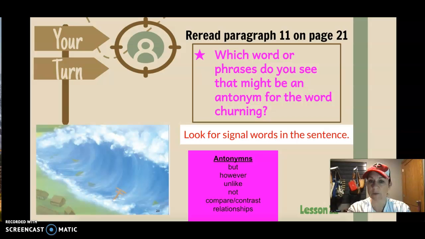Then I want you to look around. Look for signal words, the antonym signal words. Whether it's not, unlike, however, but, okay, or it's comparing and contrasting, okay? Then you're going to want to highlight or underline that. That will help you decide what the word churning is, okay? So pause right now and go ahead and do that, all right?